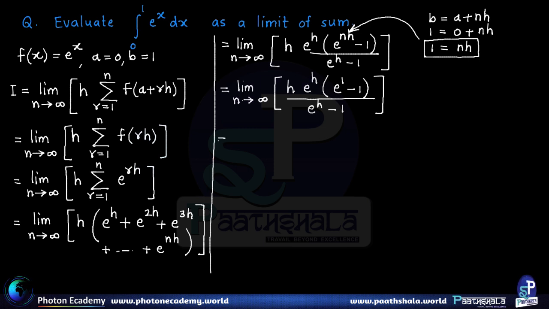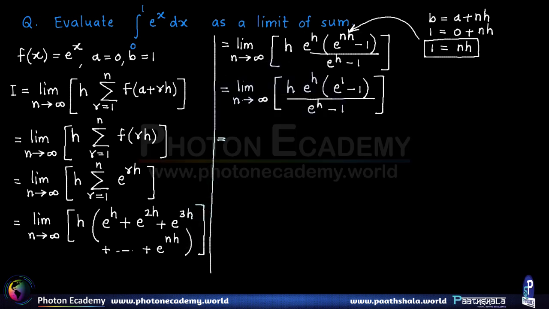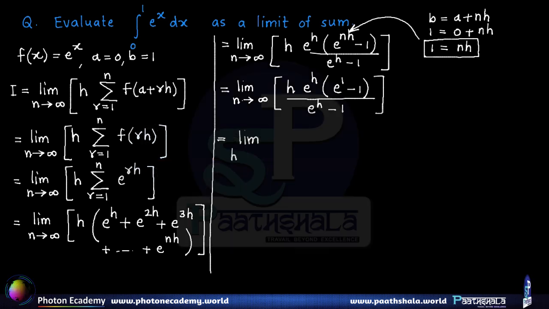Now if you observe, the expression whose limit we have to find contains the variable h, isn't it? So that means if we can change the variable of the limit, it will be helpful for us. So therefore as n tends to infinity, it is equivalent to saying that h tends to 0, isn't it?